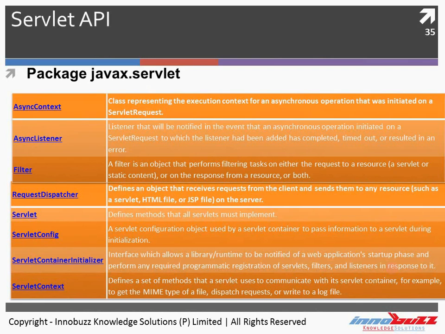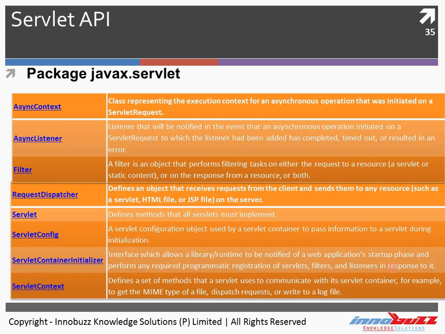This is also very important for non-blocking input or output. Then AsyncListener, to listen to servlet requests. Then we have Filter, an object performing filtering tasks, and now we have an annotation providing this filter option through code. We have RequestDispatcher, with which we can send, forward, or include.